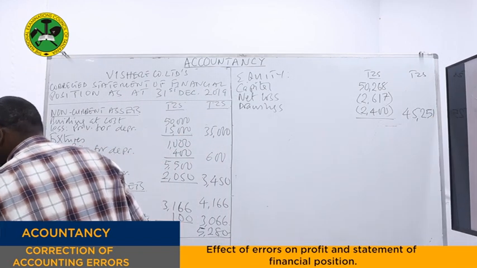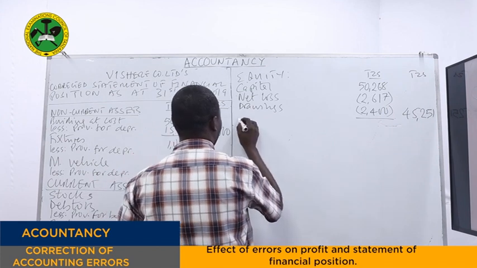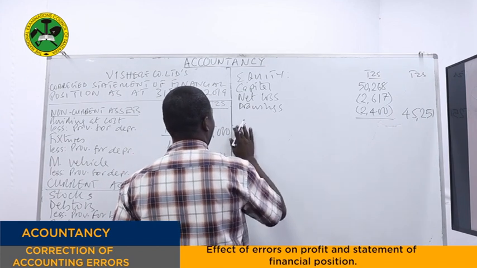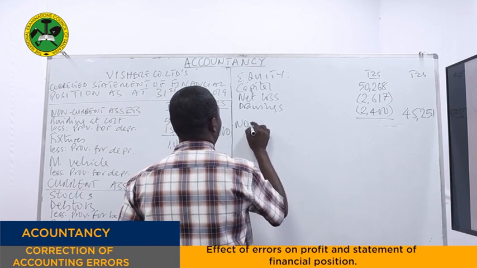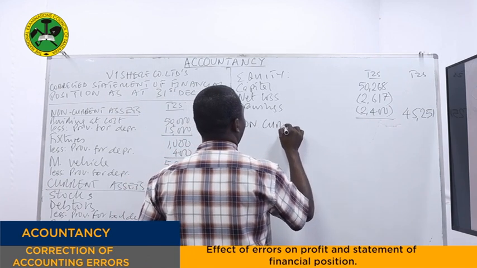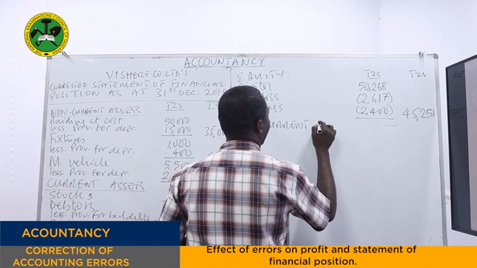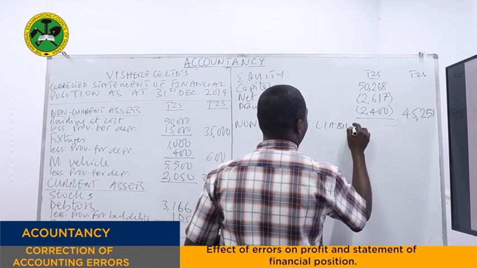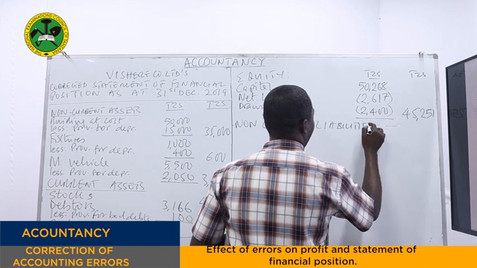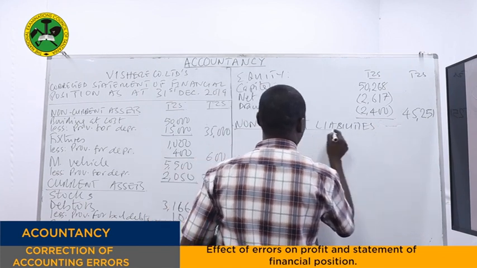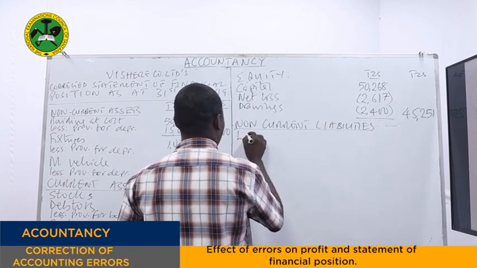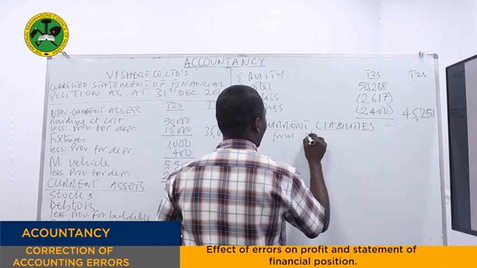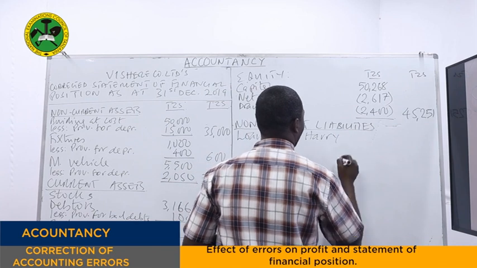Then we are told that we had long-term liability. We call it non-current liabilities. And this is a loan from Harry.